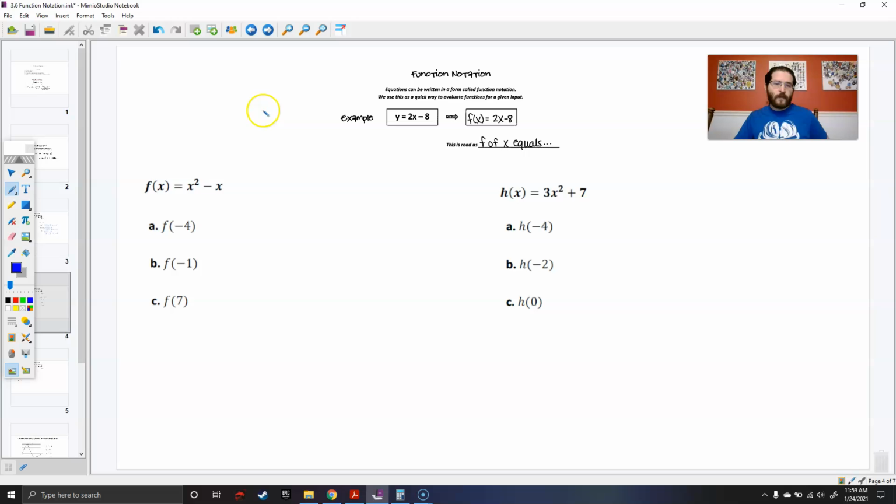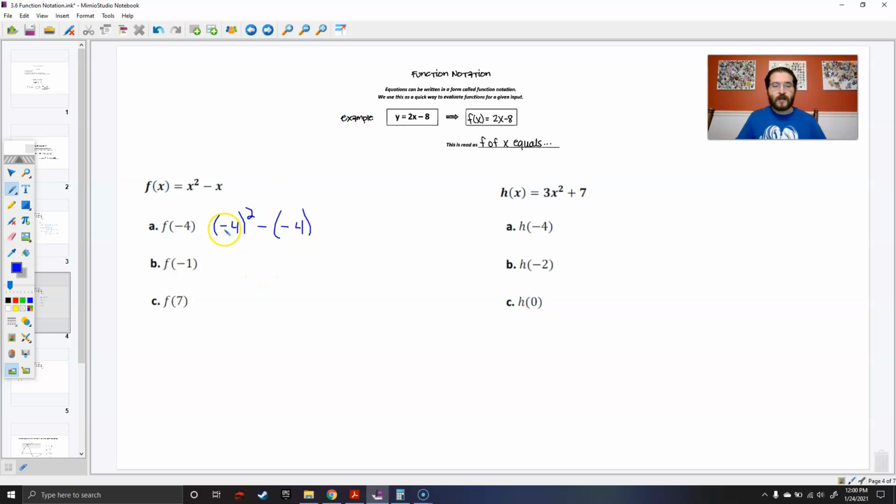Let's try a couple more. Now we have our function squared, and we have more than one instance of our variable. It's fine. We just substitute it wherever we see that variable. So this will look like negative 4 squared minus negative 4. I'm putting those into parentheses so we can see where our substitution is taking place.